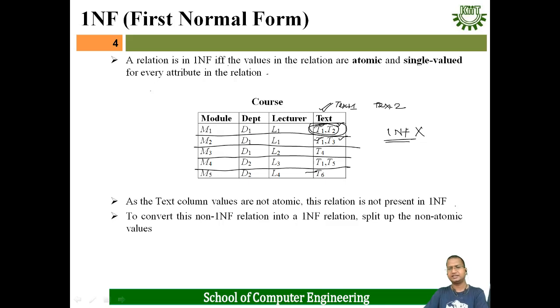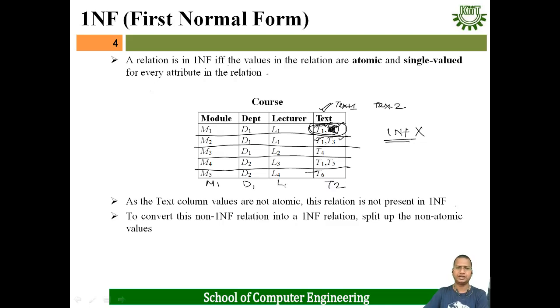Another way is to keep one entry for each value. Suppose here I keep M1, D1, L1 and T1. T2 I will cut down here. Then again M1, D1, L1 and T2.